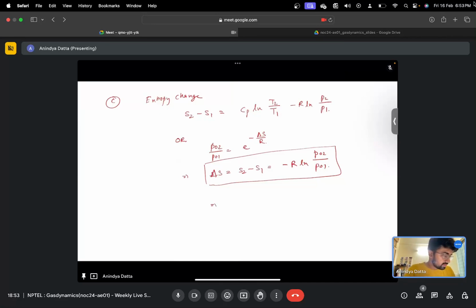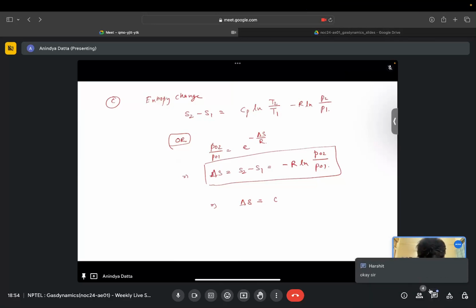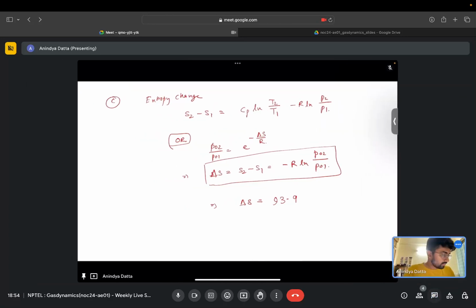Let's go with the second one. Harshit, when you do all this, also remember to mention the units. What you are getting is right: 93.9 joule per kg Kelvin, or 0.0939 kilojoule per kg Kelvin. Okay, all right.